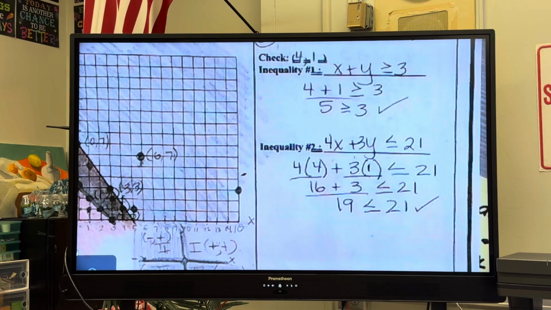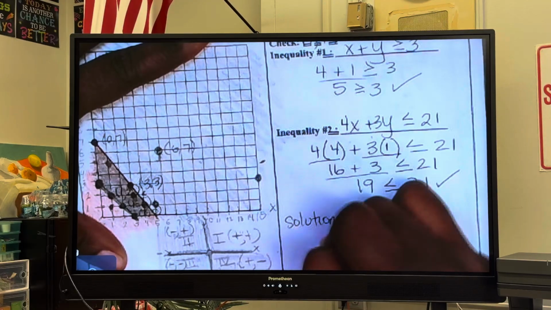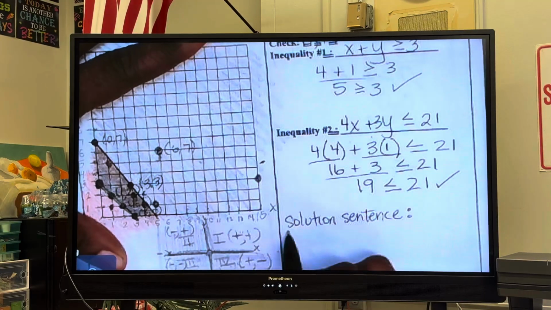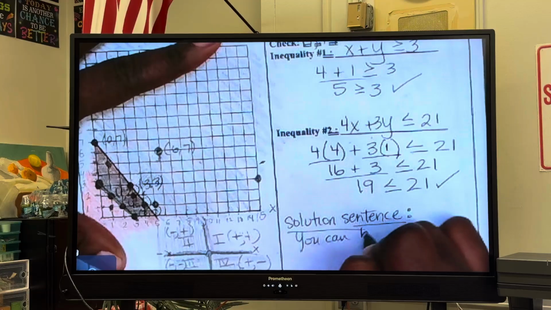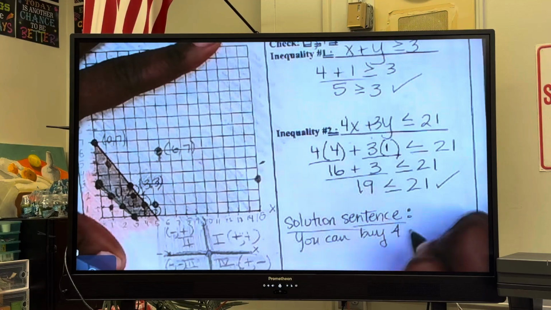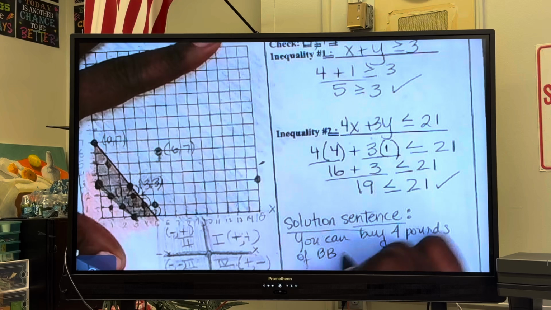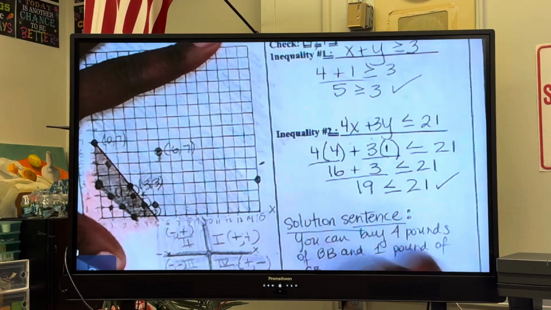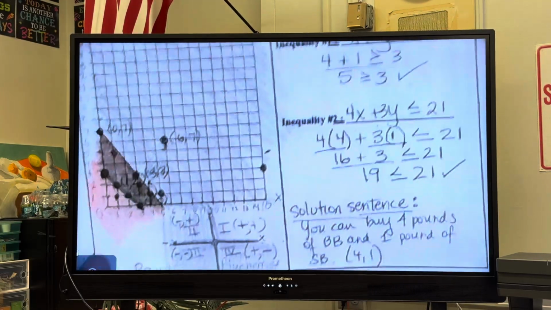Any questions? All right, so I need you to write for me at the bottom a solution sentence. And you can't write the same sentence that I write. My solution sentence is going to say, you can buy 4 pounds of blueberries and 1 pound of strawberries. That's what that means. 4-1 means just that.